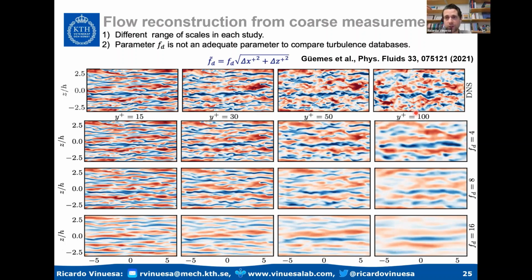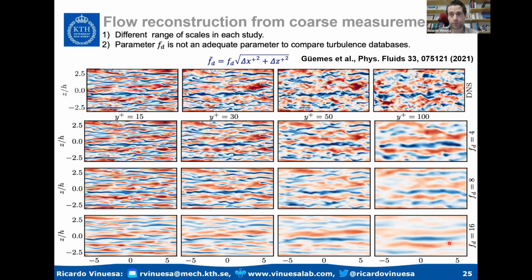I miss a lot of information, but the large scale streaks, they are still where they need to be with the right sizes and locations. So once again, if I want to do large scale control, I can effectively exploit the capabilities of GANs to do it. So even with a very coarse input, with resolutions comparable with those that you would have in an experiment, I can actually perform this flow control in a very, very effective way.